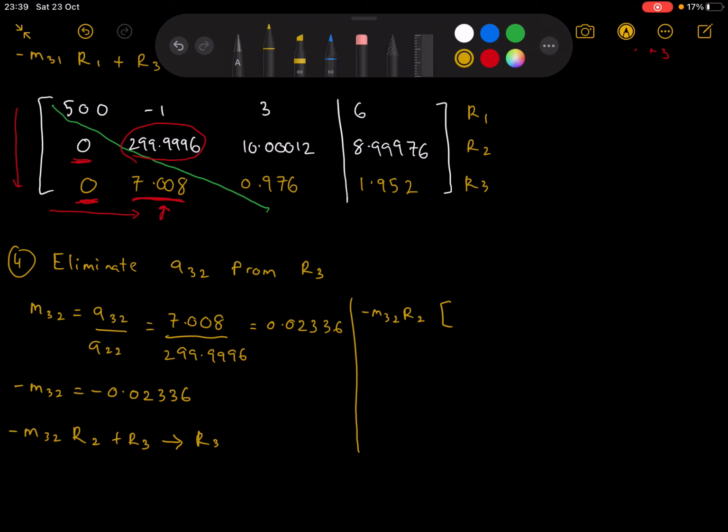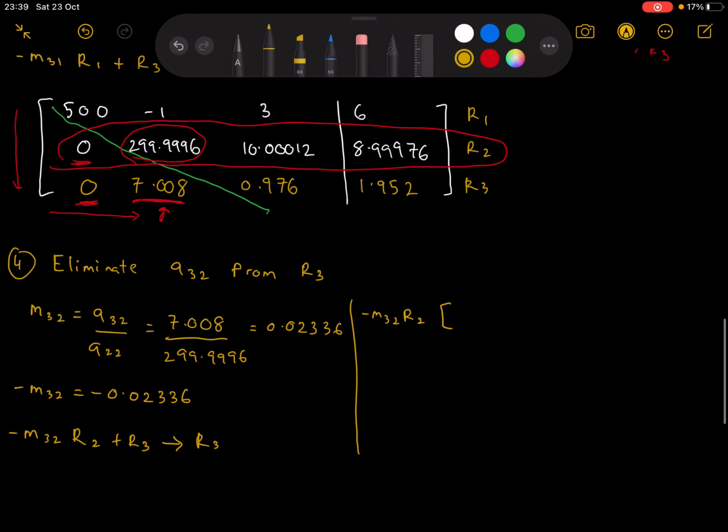So we're going to multiply the multiplication factor on all the values of row number 2. So this one 0. So 299.996. This one will become negative 7.008. So third one, negative 0.02336 multiplied by 10.00012.